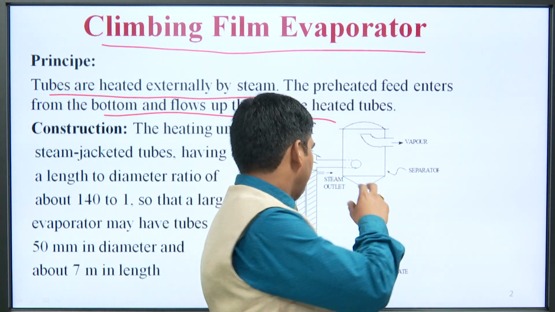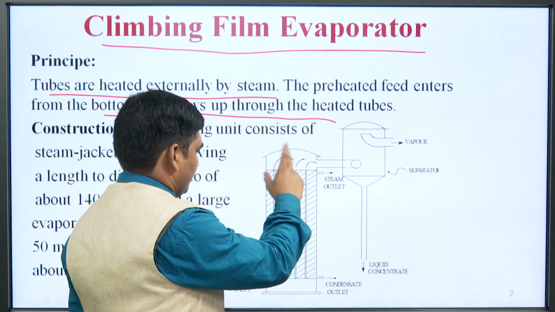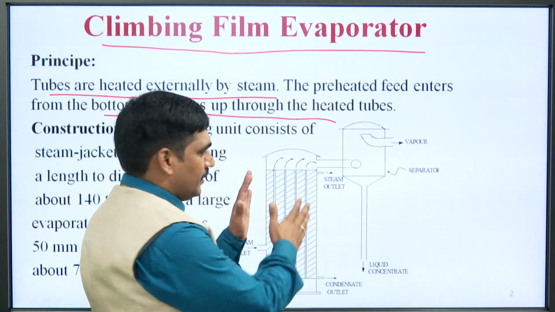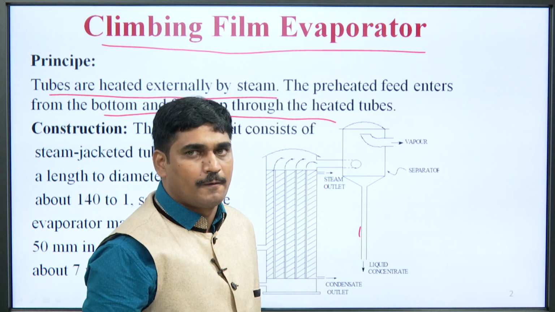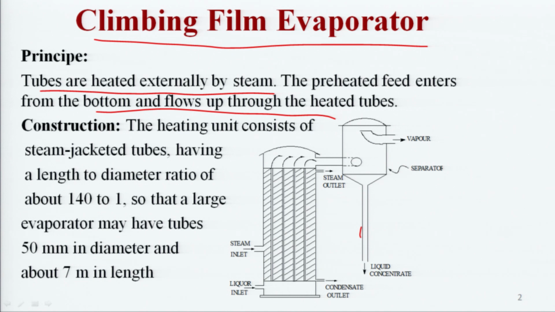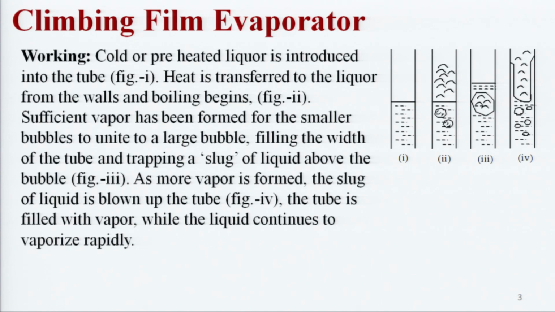So, this is the simple heating unit and this portion is called as separator. Okay. Now, in this case of a climbing film evaporator, how does it work? As you see in the previous diagram, the feed inlet of the evaporator is located at the bottom of the heating unit.